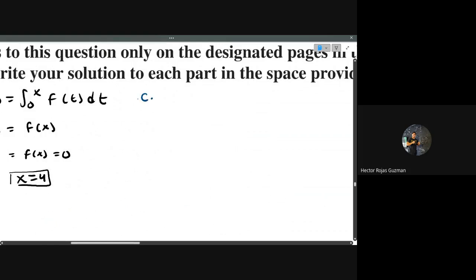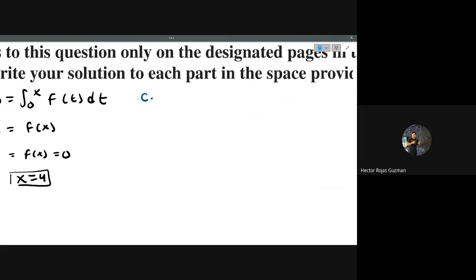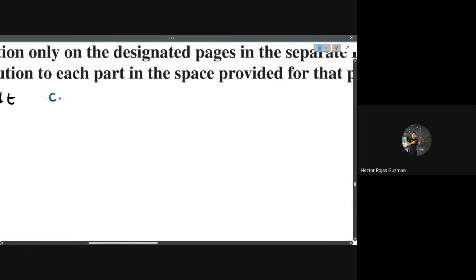C. Now we're given a function h, and we're supposed to find h of 6, h prime of 6, and h double prime of 6. Okay. Let's go ahead and find h of 6. H of 6 equals the integral from negative 6 to 6 of f prime of t dt. And even though we don't have an equation for f prime, finding the antiderivative isn't that bad.